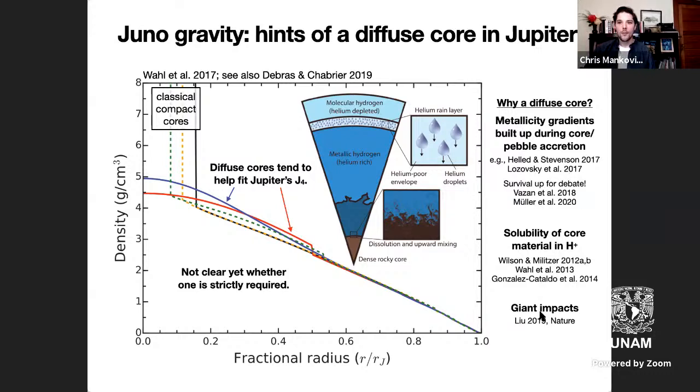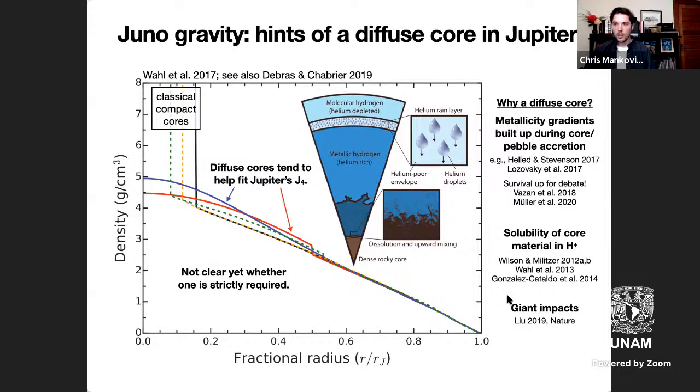And the final possibility that I'll mention is the possibility of giant impacts. So after a core accretion formation of a planet, it's still possible that that planet experiences a huge impact, which can tend to give you a diffuse core if the conditions are just right. And that was in this really cool work by Liu et al. in Nature.